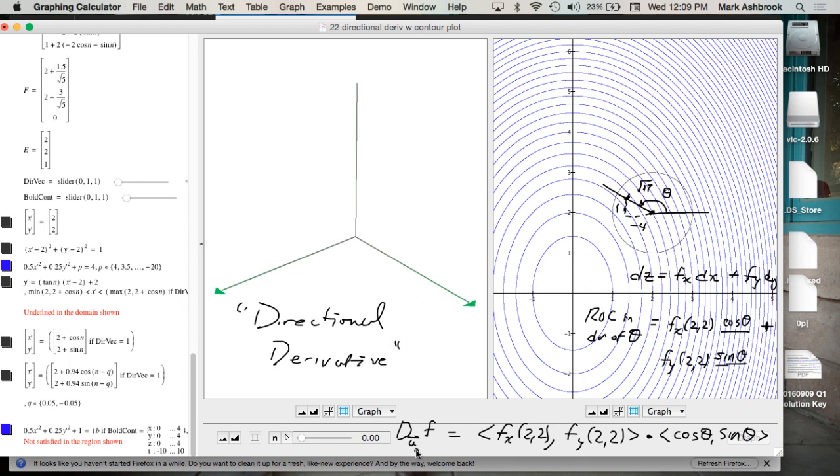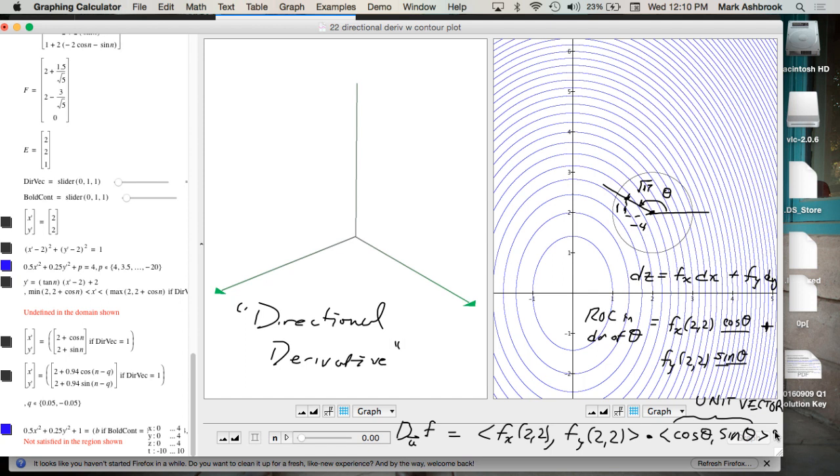So this u then is what? U stands for unit vector in the direction of theta. And that's that cosine, sine. Cosine theta, sine theta is the unit vector in the direction of theta.